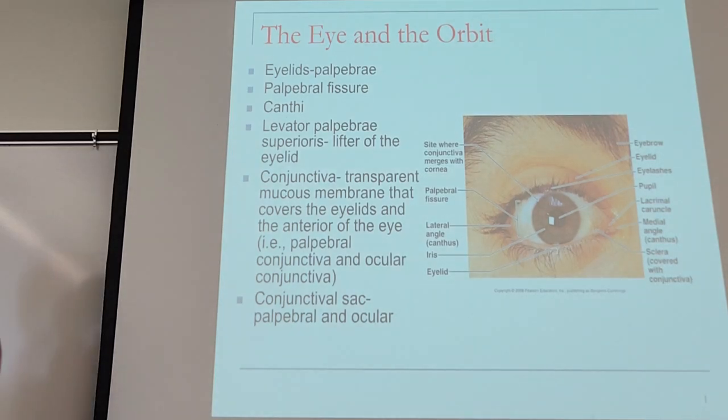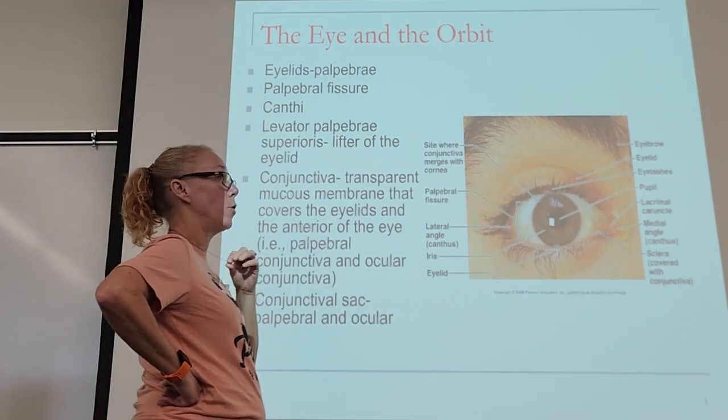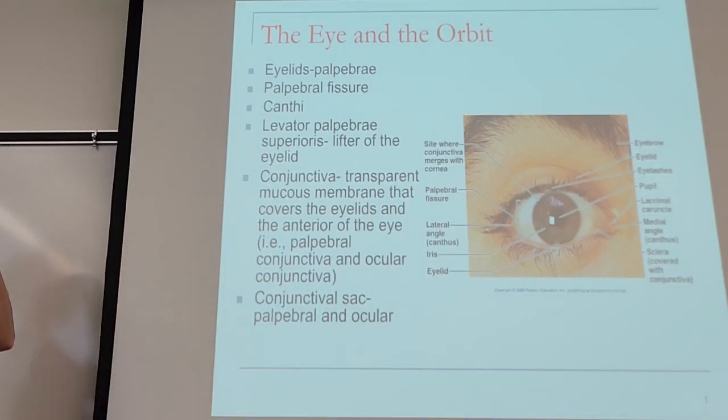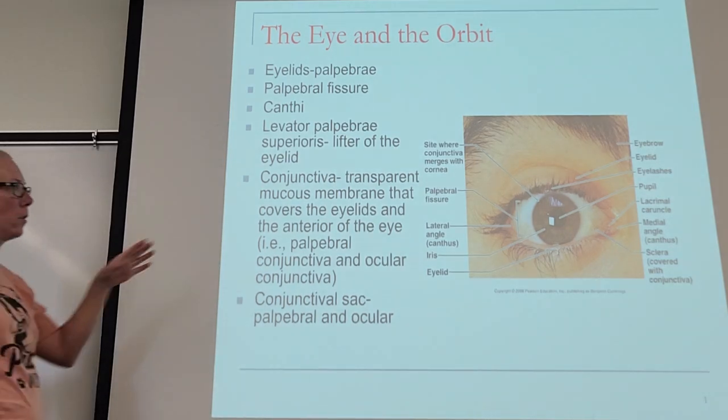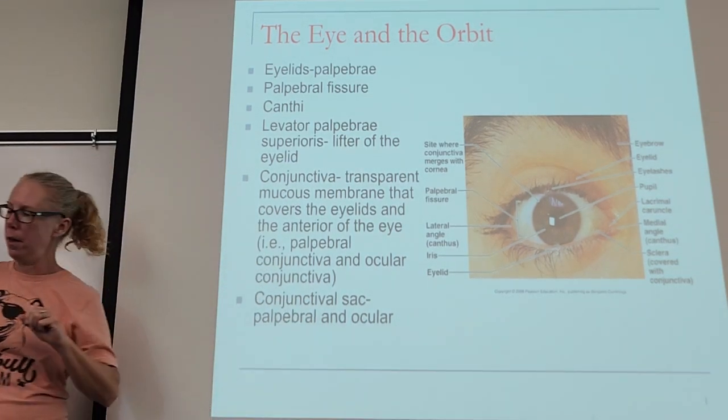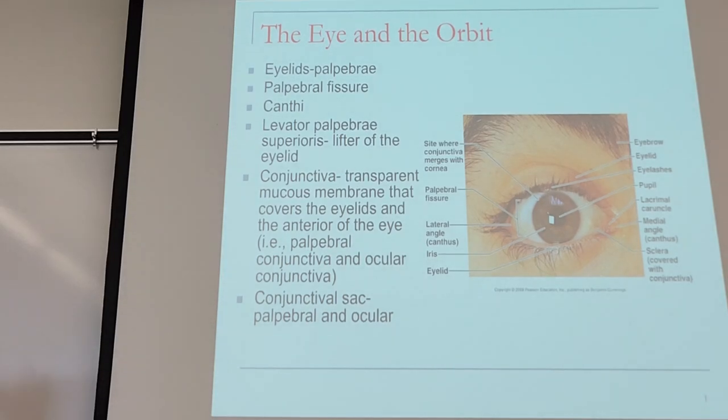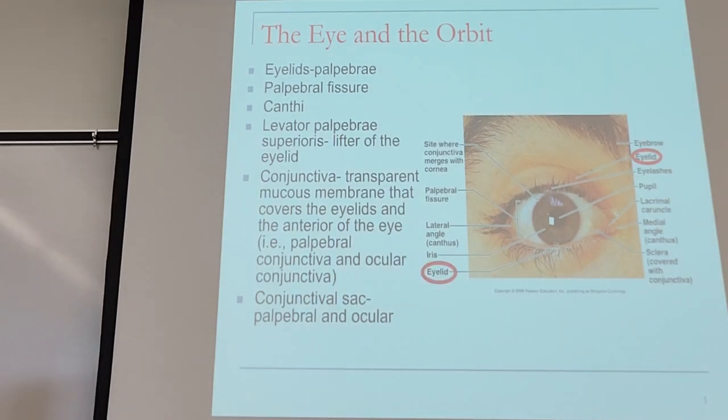And again, mucous membranes are designed to protect you against anything from the outside environment that wants to come in contact with your eyeball, of which there's all kinds of particulate matter that touches your eyeball all the time. You just don't think about it. And because it's a mucous membrane, it makes these little sacs above and below in the eye socket. Let's just go to the next slide because it's better for me to show you.